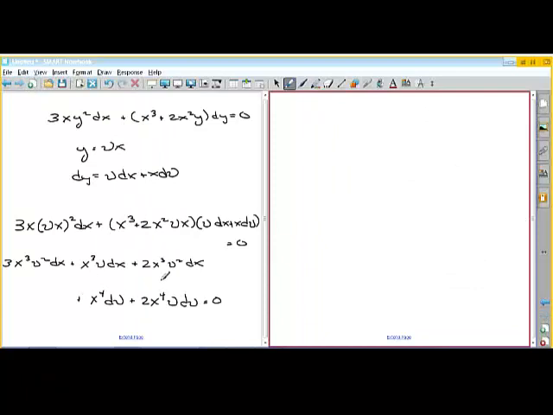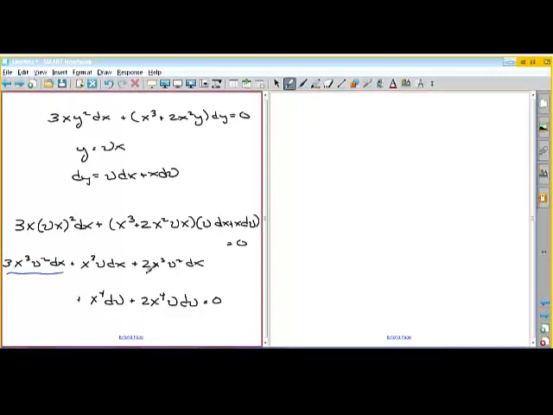So then you look to see if there are any cases where I can combine like terms. Well, this and that are x cubed nu squared. I think that's it.